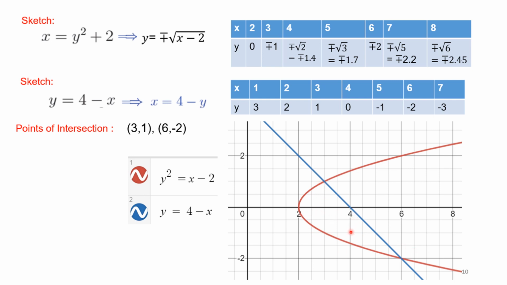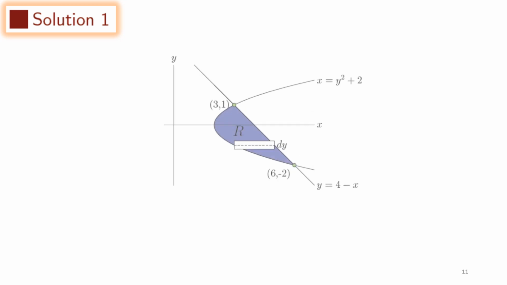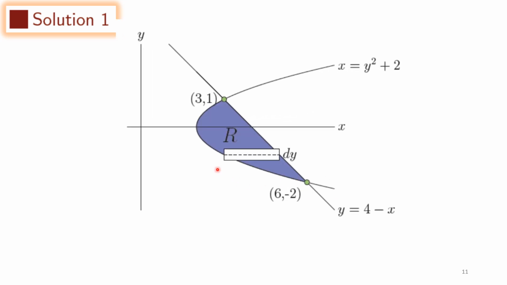And we make use now of the definite integral. For the first solution, we make use of our rectangular strip which is horizontal, so this one here is dy. It moves on the y-axis, so our limits of integration are on y.